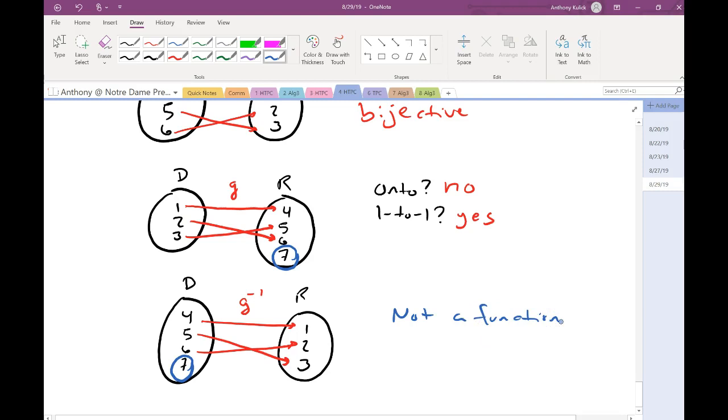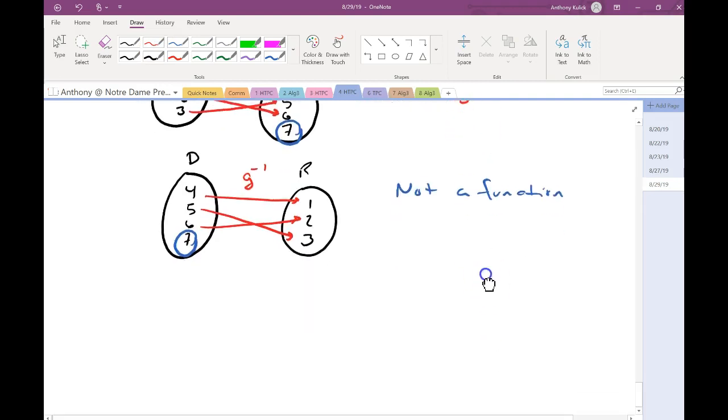So the point of this, what we want to observe is, if f is not onto, when I find f inverse, I will, by definition of onto, have some x coordinate that doesn't go anywhere, which causes that inverse to no longer be a function. Everybody's okay with that idea? Okay.